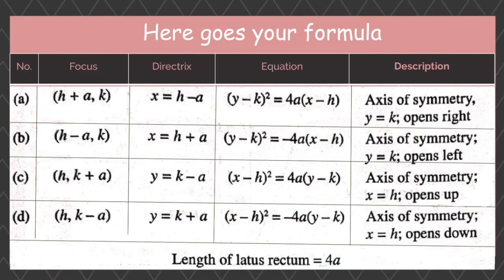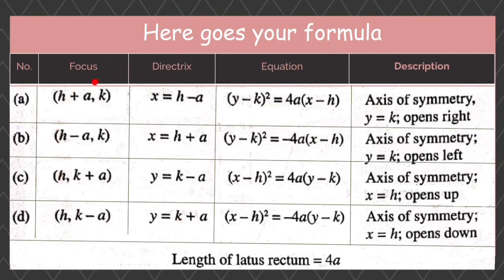So here goes your formula in a table that has been arranged. This is actually a snapshot from your textbook. So you have all of this for parabola opening up here. This is the formula for parabola opening down. This is the formula for parabola opening right. And this is the formula for parabola opening left.